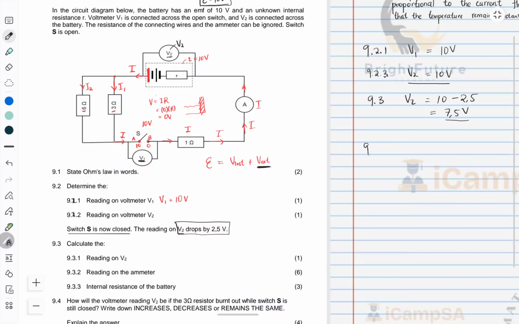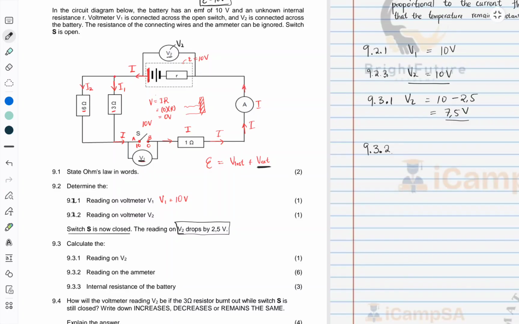So let's start answering 9.3.1. Calculate the reading on V2. It's 1 mark. It's what we just did there. So I can call this 9.3.1 then, and I call this 9.3.2. What is the reading on the ammeter A?